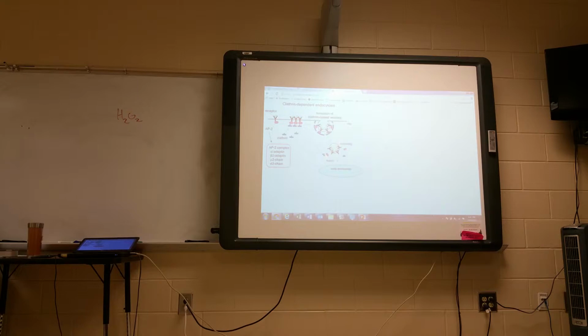So for receptor-mediated endocytosis, is that like for sickle cell anemia, the receptor proteins for the sickle cell red blood cells are misshapen so that the malaria parasite doesn't quite fit into the key? No, I see what you're saying.